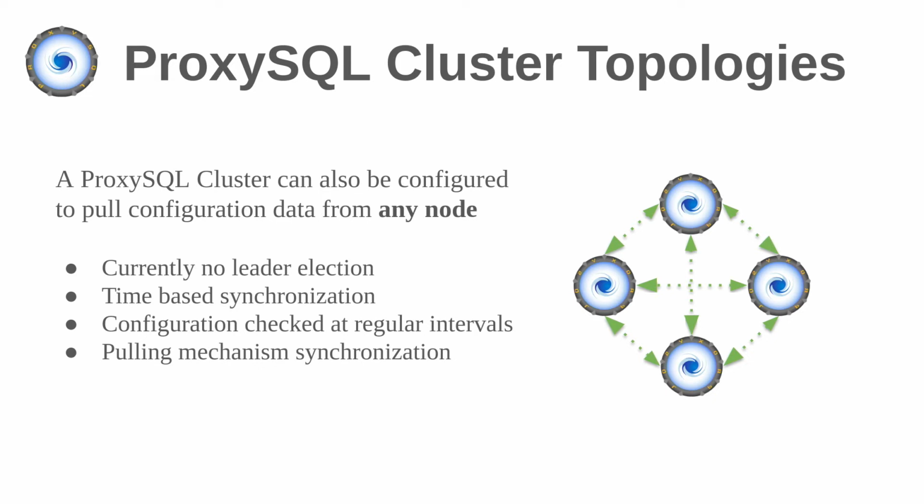Now, a few important things to note here is that there is no leader election. So you can actually write on any of the nodes, and all the others will get the change. This also means that you can write the same configuration on 2 nodes at the same time, and they will still all converge to the same point.